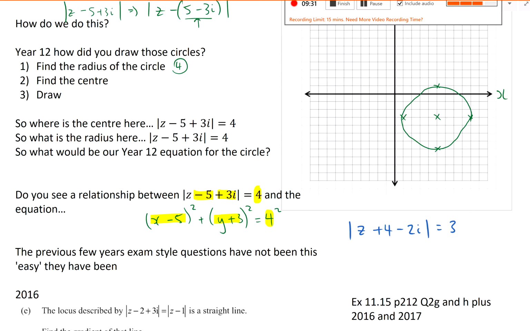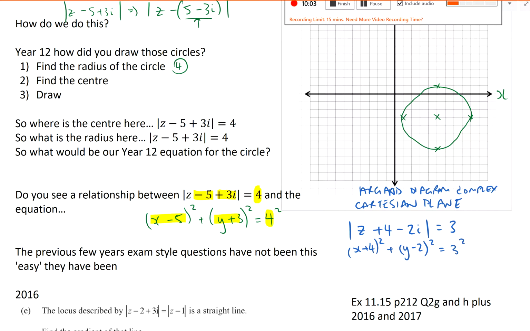What you should be able to do is tell me that the equation in x and y, in what we're going to call the Cartesian plane, rather than the Argand diagram or the complex plane, would be x plus 4 all squared plus y minus 2 all squared equals 3 squared.